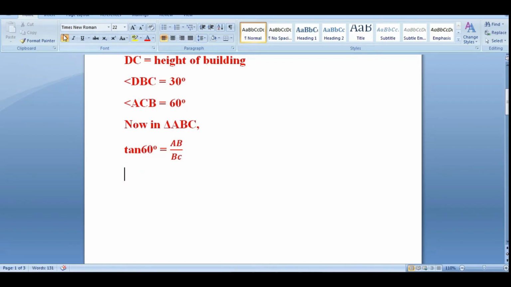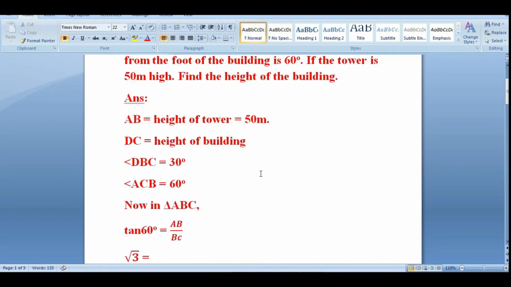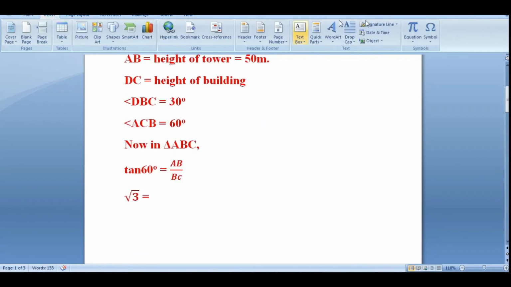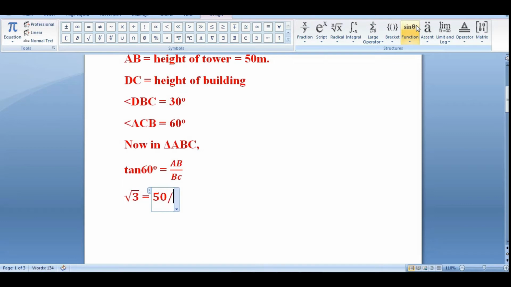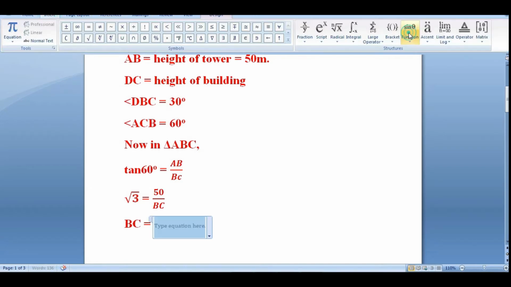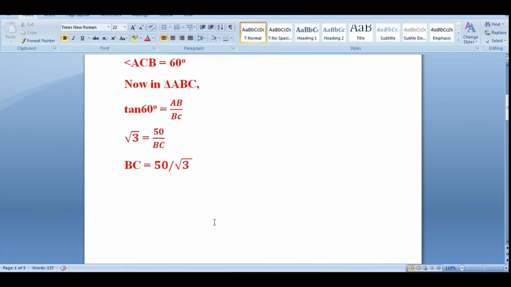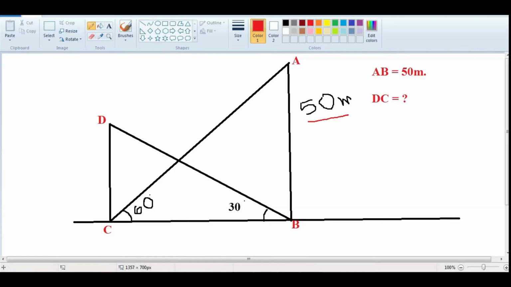Tan 60 degree is root 3. AB is 50 meter. So how much is BC? BC is 50 by root 3. So we have got the base BC.